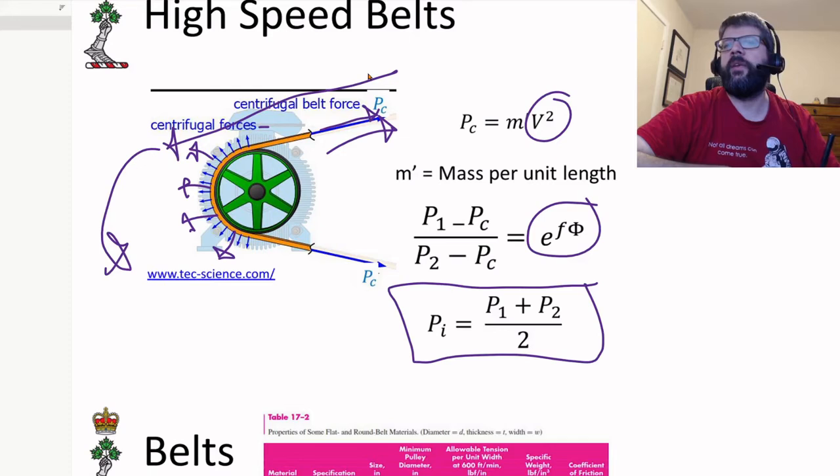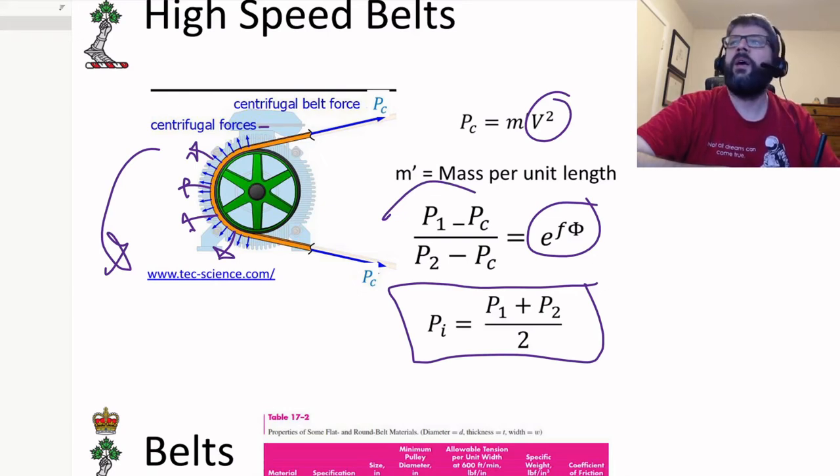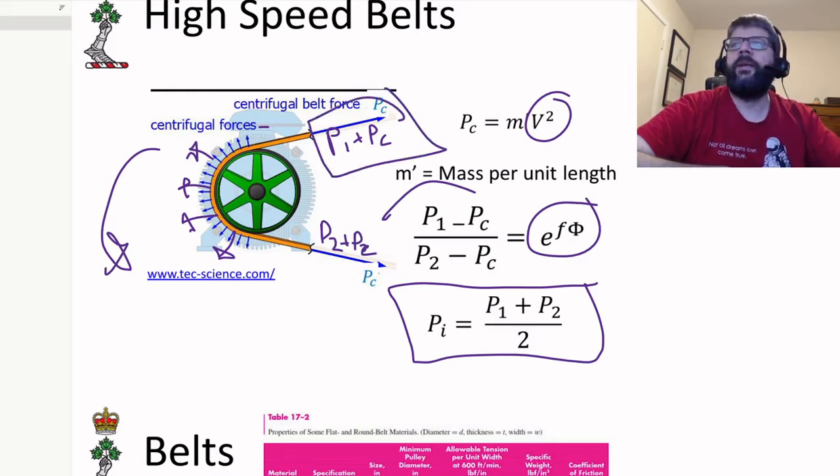So your P1 that you eventually end up calculating is going to be a fair bit higher. Sorry, your tension in the tight side is going to be a fair bit higher. It's going to be that P1 plus PC. Down here we'll have P2 plus PC. So this value here is going to be what we're going to be using for our failure criteria.